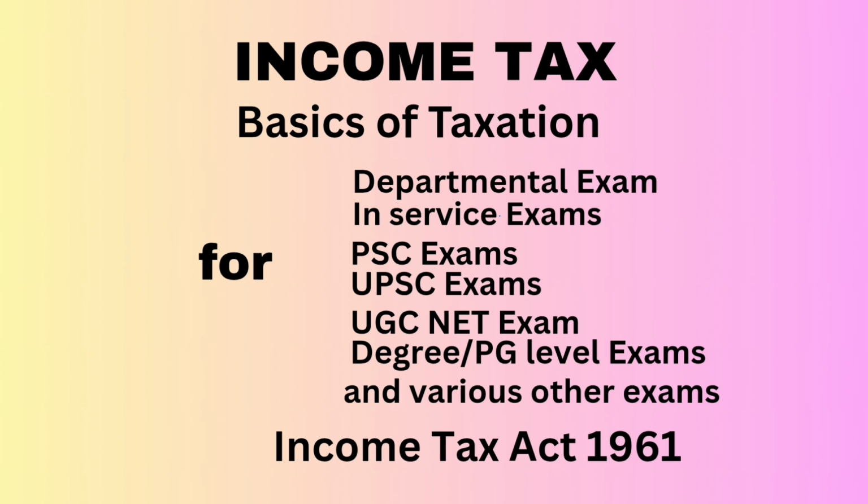Voluntary contribution received by a charitable or religious trust or by a university, education institution or hospital referred under Section 10, subsection 21, or 10, subsection 23, or 10, subsection 23, subclause C, or by an electoral trust or other institution.